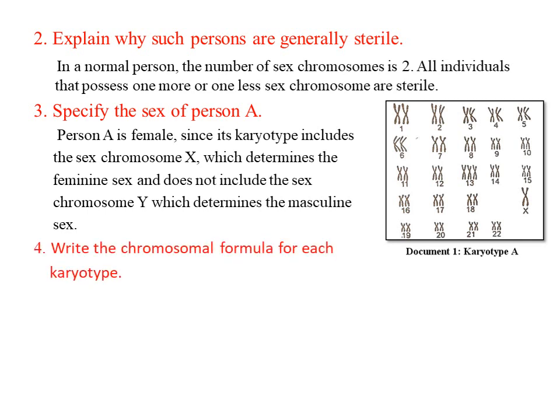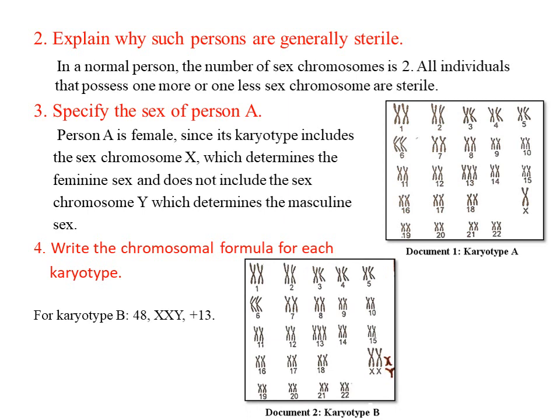Write the chromosomal formula for each karyotype. Karyotype B, okay, due to the presence of an extra sex chromosome and extra chromosome 13, the number of chromosomes is 48, XXY due to the presence of 3 copies of sex chromosome, XX and Y, plus 13 due to the presence of extra chromosome 13.